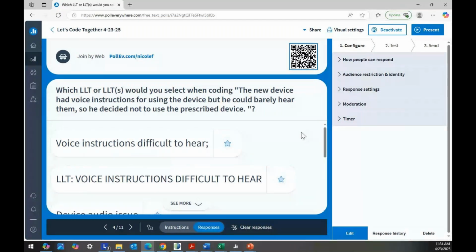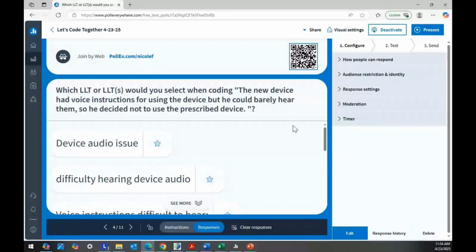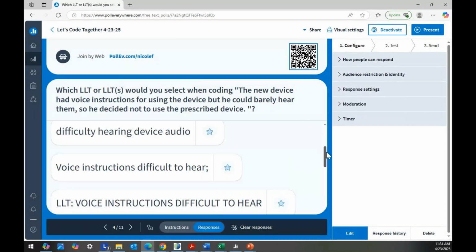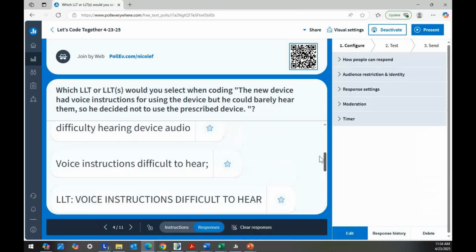Okay, and then also, suppose you get the first part, something you report with an LLT. Well, what happened as a result? He decided not to use the prescribed device. We have to capture that information as well. Okay, so we are getting very good choices for the fact that the device had voice instructions that were barely audible.